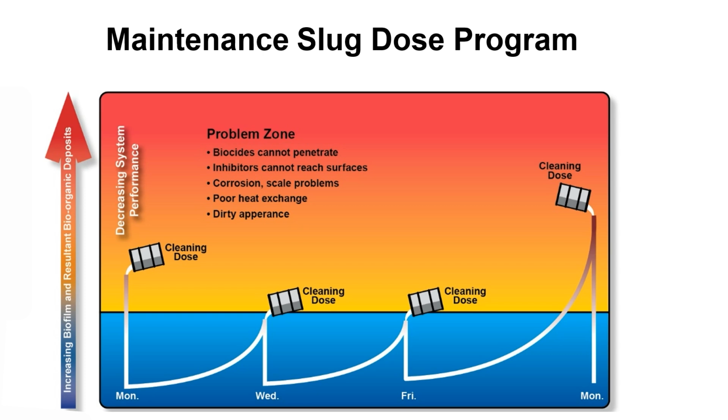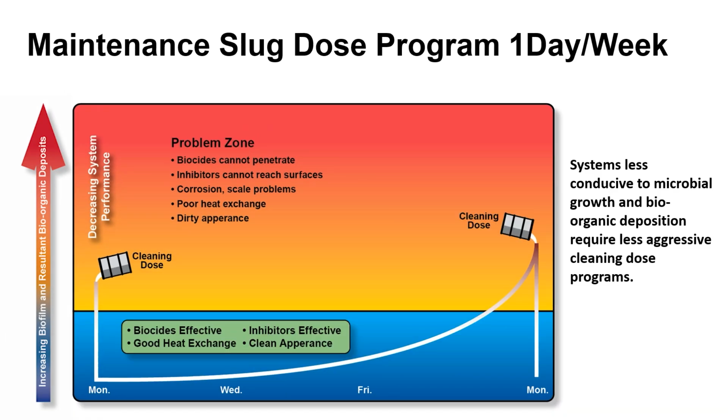How often you dose and at what concentration is determined by the refouling rate of the system. In some systems, a cleaning dose of 3 times a week may be appropriate. In other systems, if the refouling rate is not that fast, you may only need to dose it once a week. In some systems, you may only have to dose it every other week.